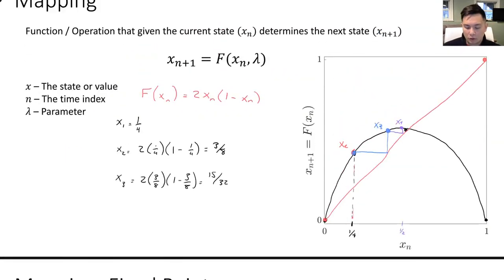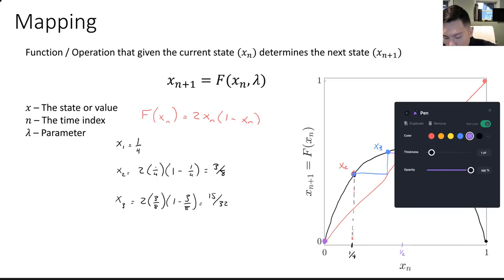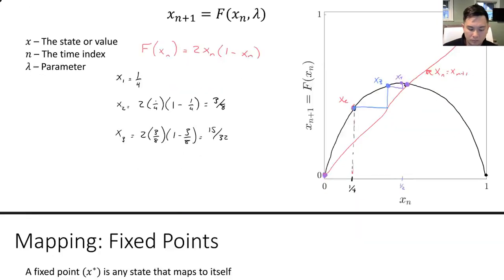And graphically, if we look back at our map, this corresponds to the two points where our function intersects that line representing the set of points where our map value of our current state would be our next state. So that graphically makes sense.